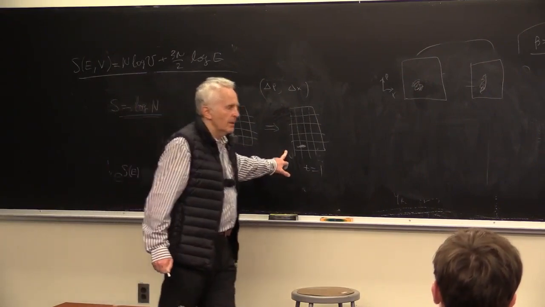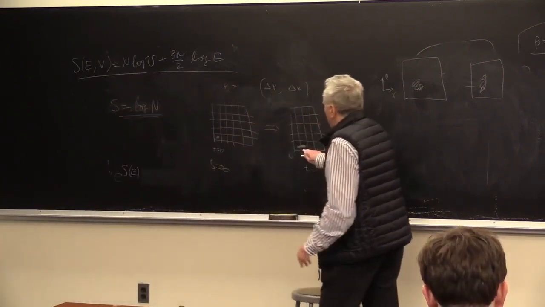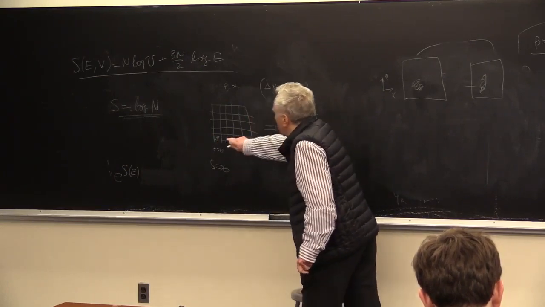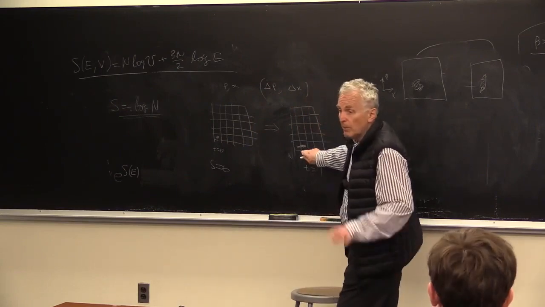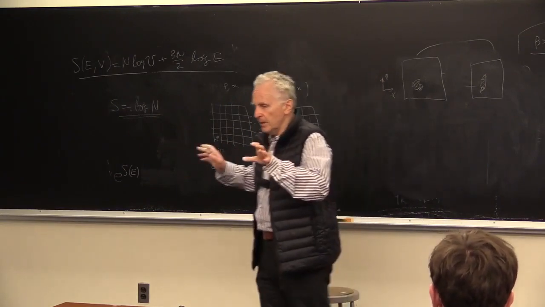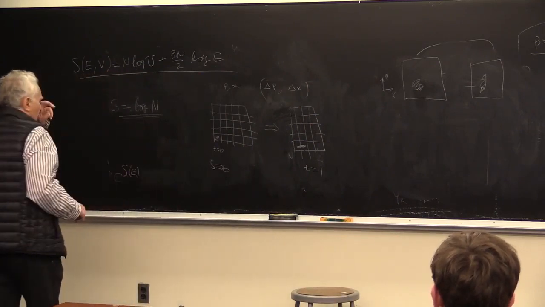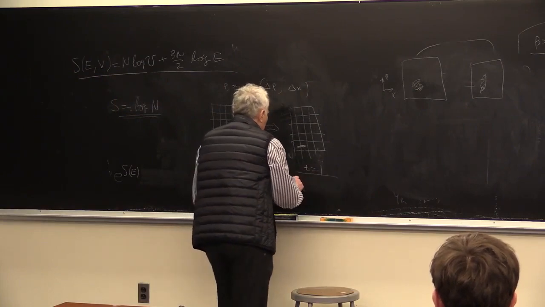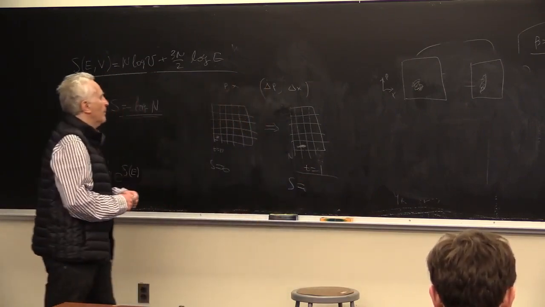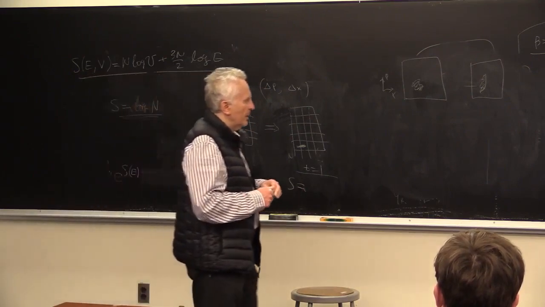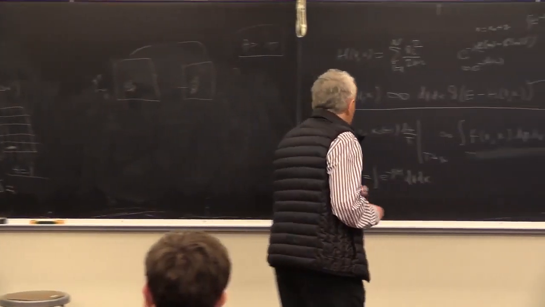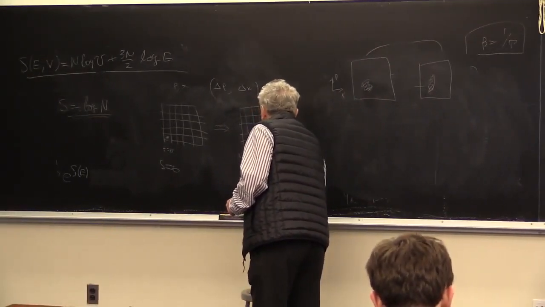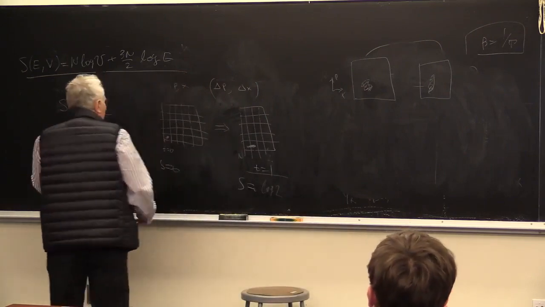Notice, by the way, that the volume of this blob and the volume of this blob are the same because of the Liouville theorem. It moves dynamically. So what is the entropy at the moment 1? The coarse-grained entropy at moment 1 is the logarithm of 2. So what begins happening here is very interesting.